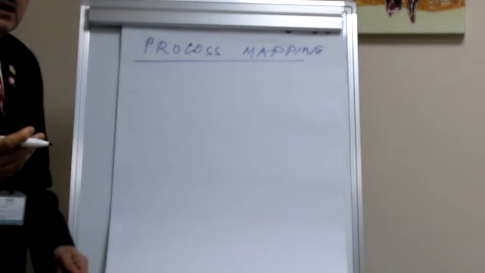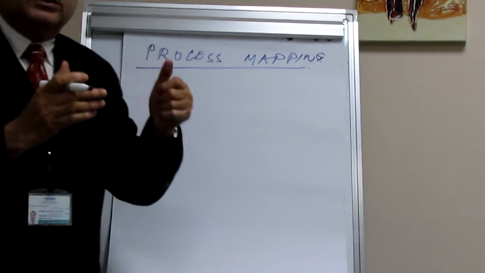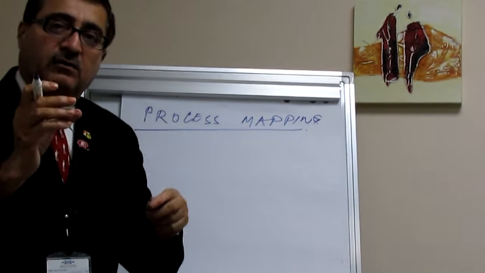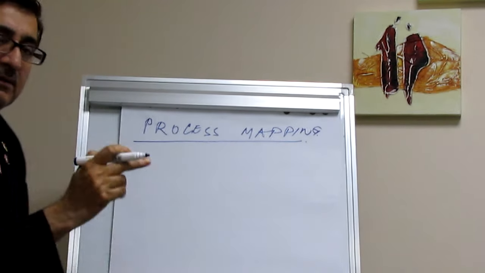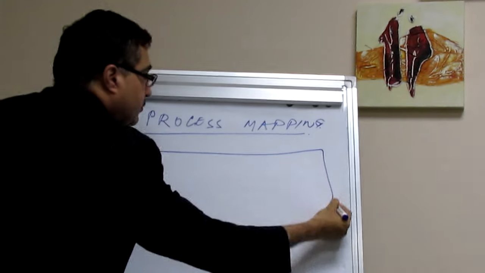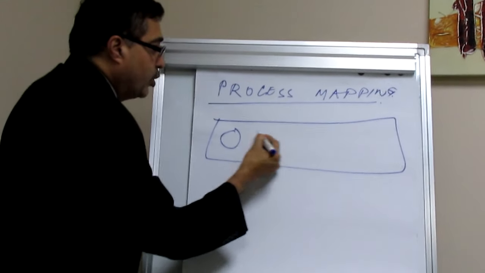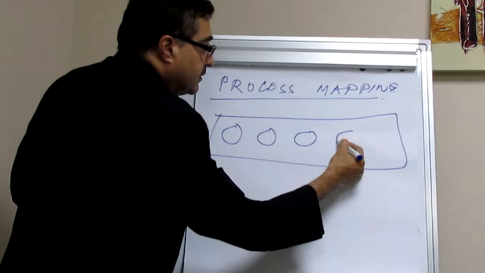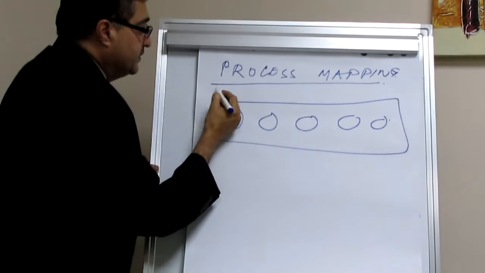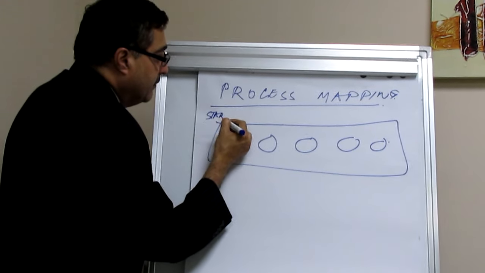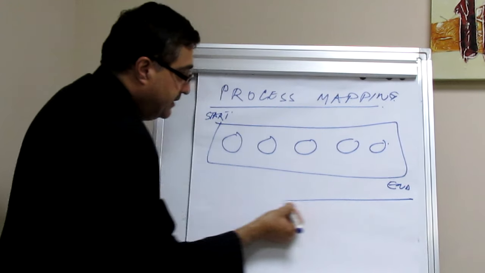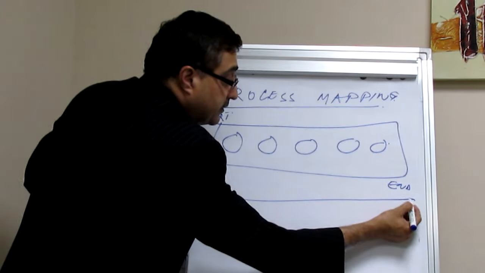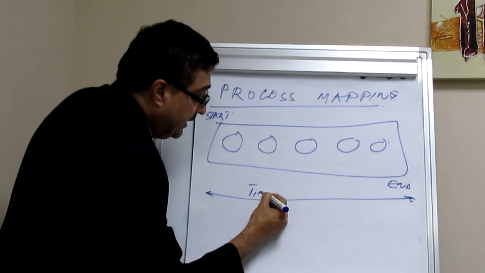Process mapping is a process of laying down the bits and pieces of a total process. For example, if this is the total process, there are various components. So this is the start and this is the end, and this is the timeline of the process.